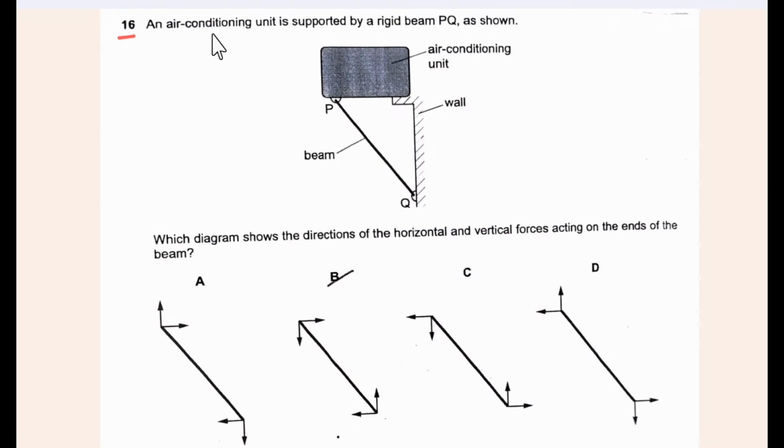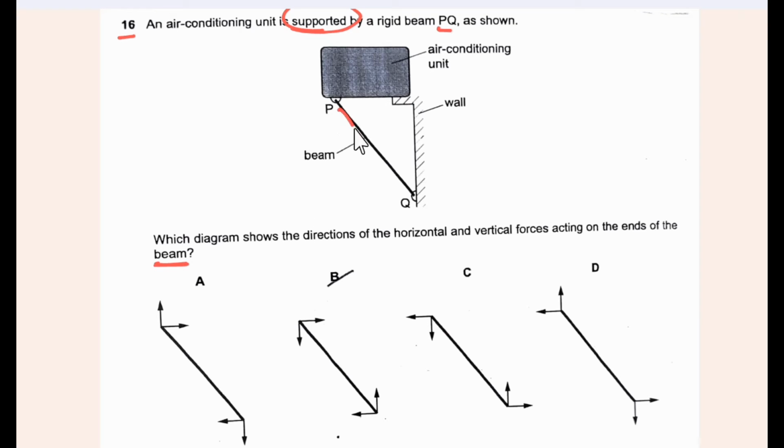Number 16. An air conditioning unit is supported by rigid beam PQ as shown. Which diagram shows the direction of the horizontal and the vertical components of forces acting on the ends of the beam? Since the air conditioning unit is supported, the system is at rest, and we need to find the horizontal and vertical forces that act on the beam.